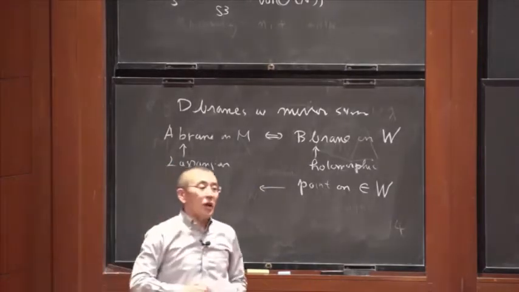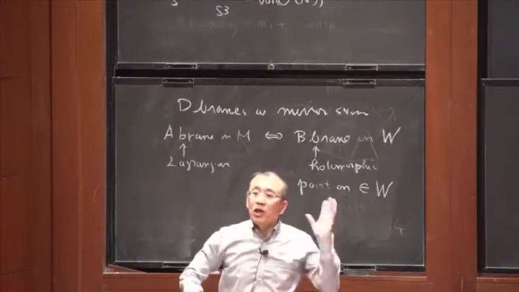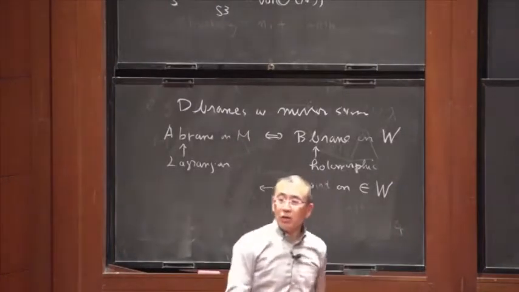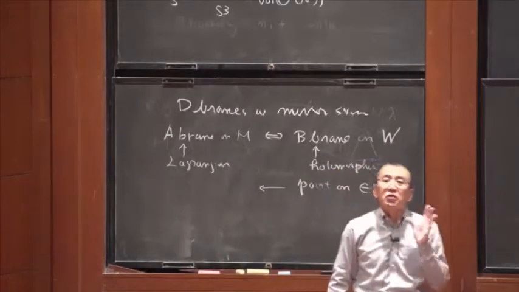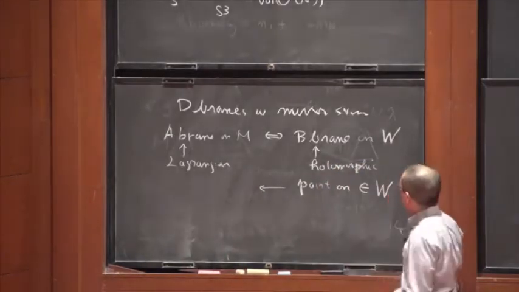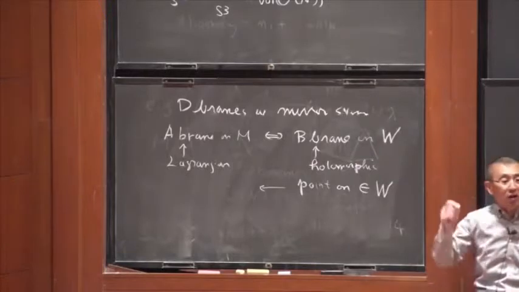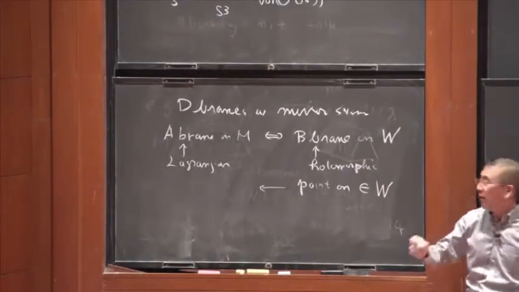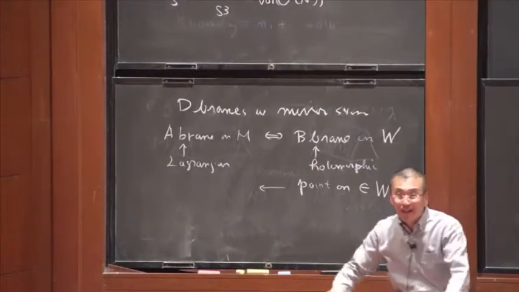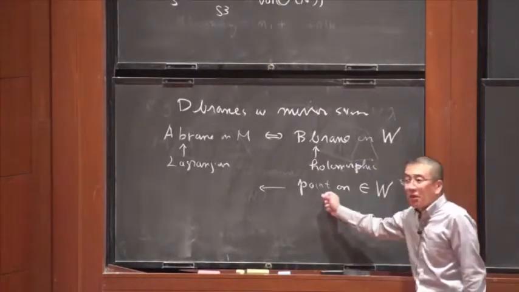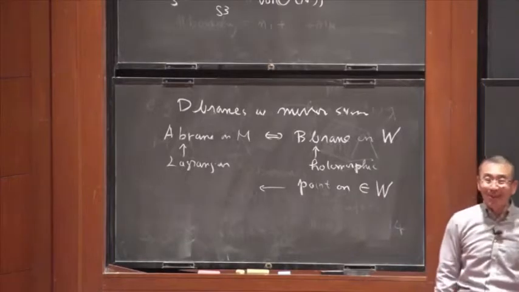So you can ask, what is the Lagrangian submanifold which is mirrored to a point of a Calabi-Yau manifold? Well, you can actually restrict your choice very severely. What is the moduli space of the D-brane which is a point on W? Well, you can move this point around. So the moduli space of a point should be the manifold itself.